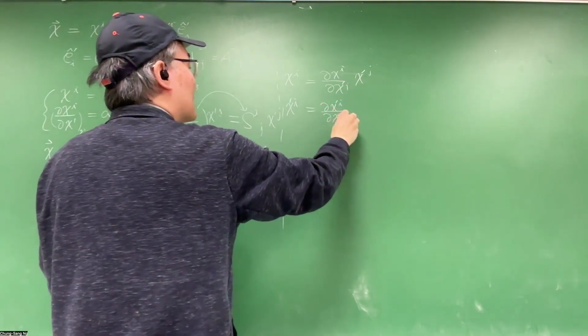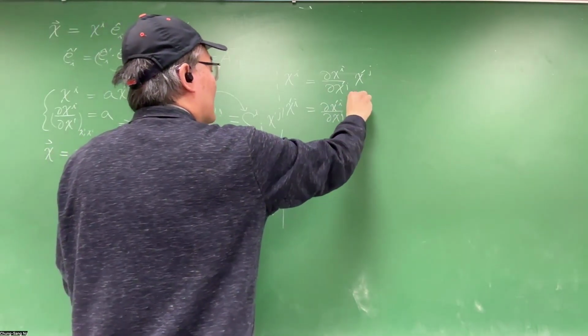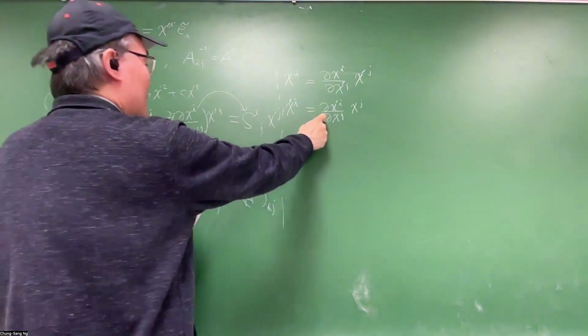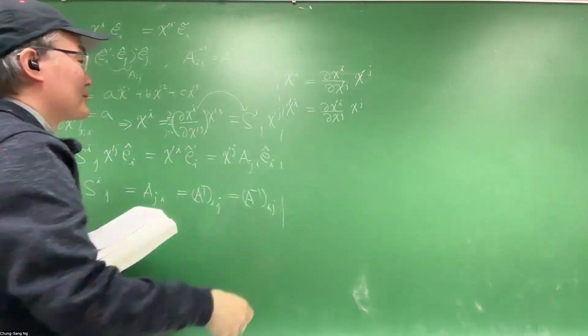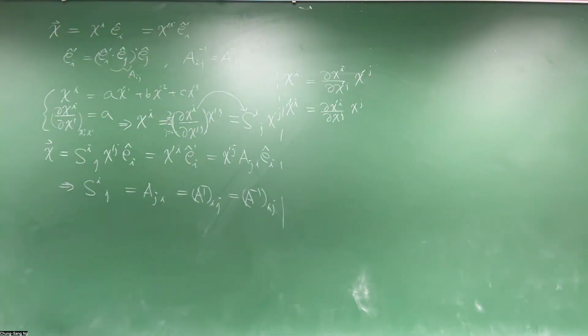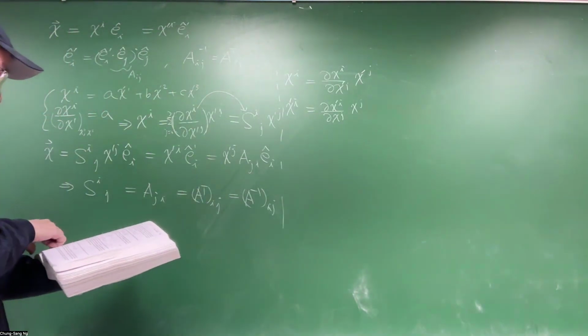Partial x. I think this is what the text will call S rather than this one. The derivative is one with respect to the other.